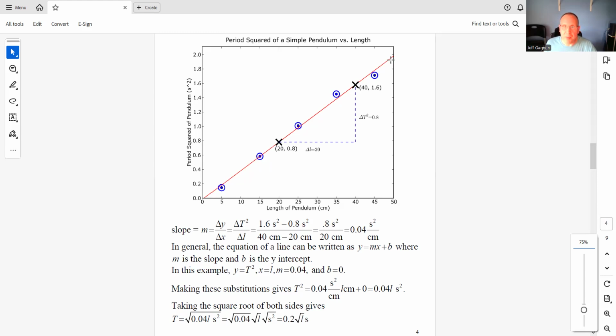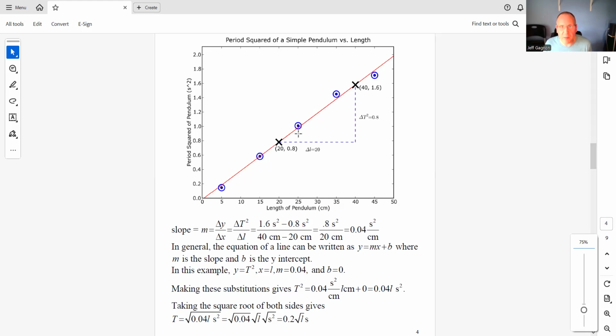Okay, so we're going to use this to help us write an equation that gives the period as a function of the length. So first of all, what's the easiest way to write the equation of a line? Well, if you remember back from algebra, probably the simplest way is using the slope-intercept form, right? y equals mx plus b.